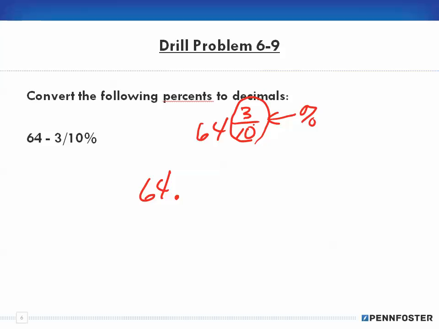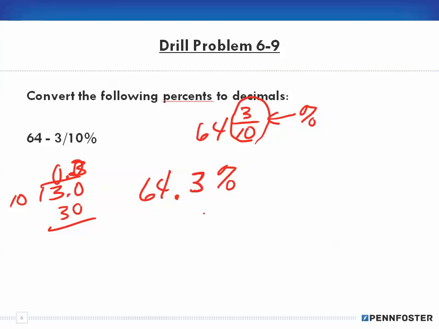And 3/10 is a fraction of the number. Well, 3/10, I'm just going to take 3 and divide by 10, and I'm going to get 3, right? Because that's a 0, right? 3 into 30 goes 3 times. So I have 0.3. Well, if I have 64 and I just add the 0.3 to it, I get 64.3%.